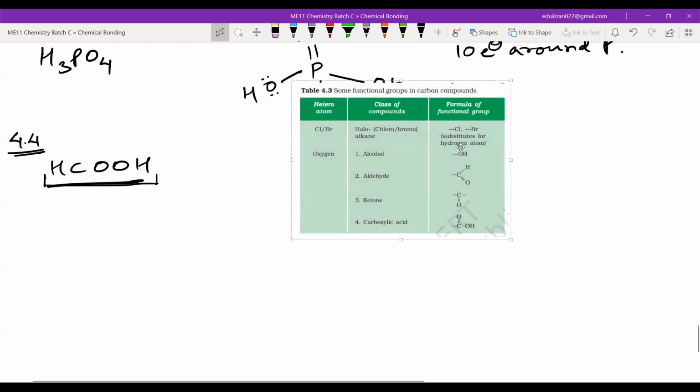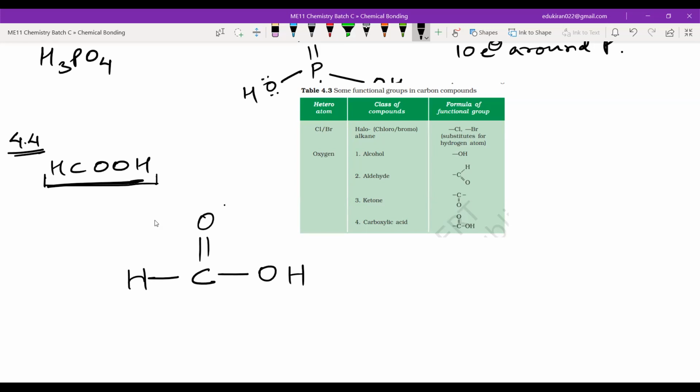So COOH. Okay, NCERT thinks that you have studied class 10th, you have passed, which means you know everything about class 10th. So if COOH is there, then obviously this structure will be what? Hydrogen bonded with carbon, a double bond oxygen, and a single bond OH.